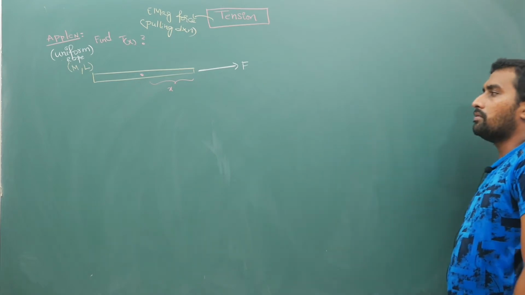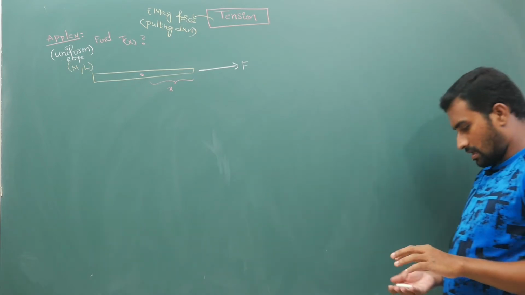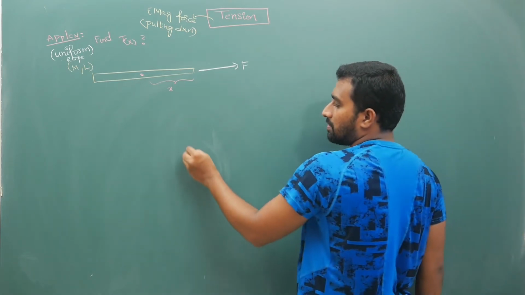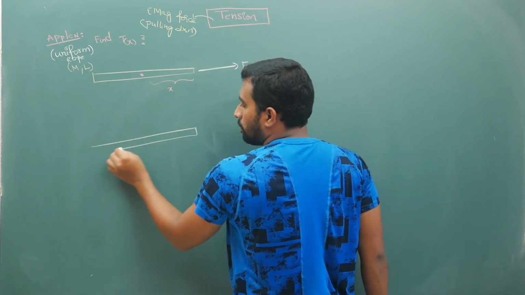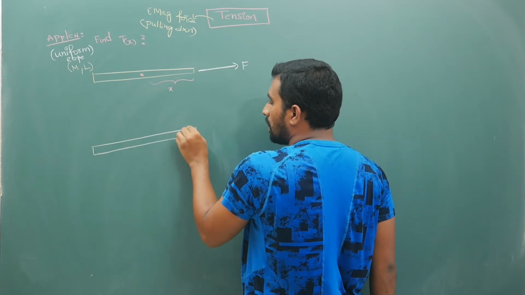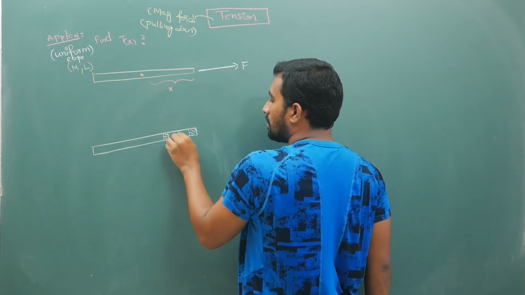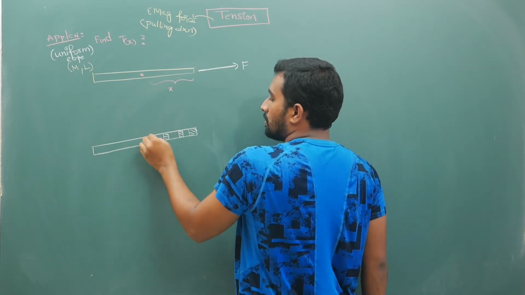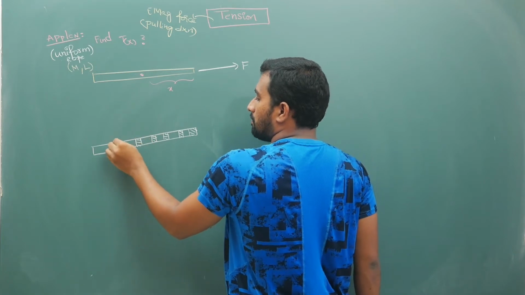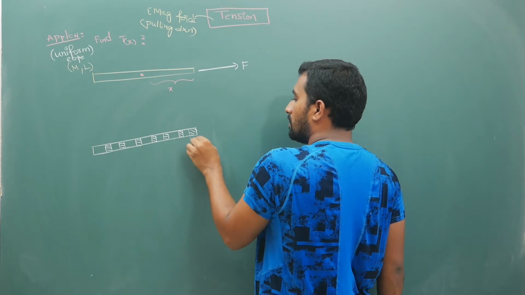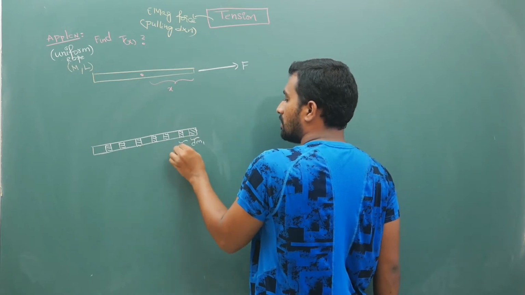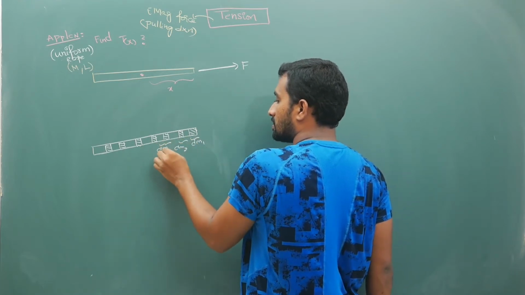Now if you look at this, at the molecular level, let me tell you what happens. Out of this big rope, if I divide it into small parts, small dm parts, of mass dm1, dm2, dm3, like this.